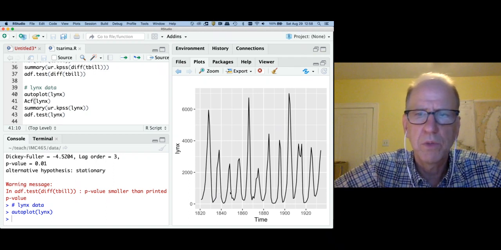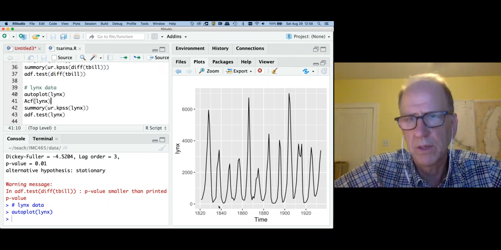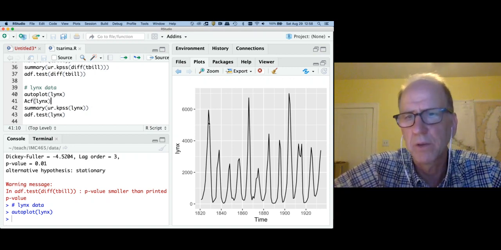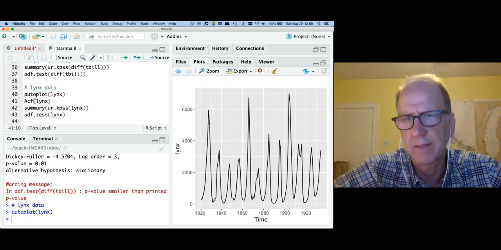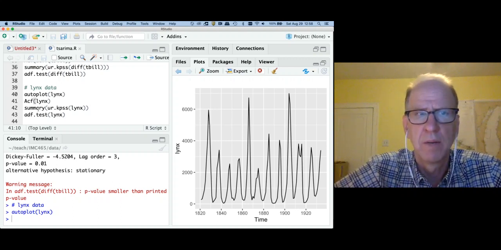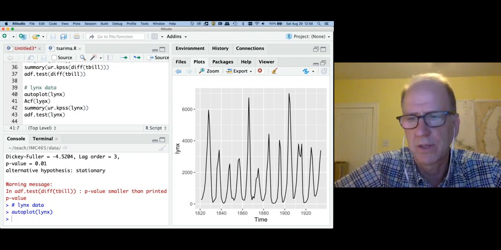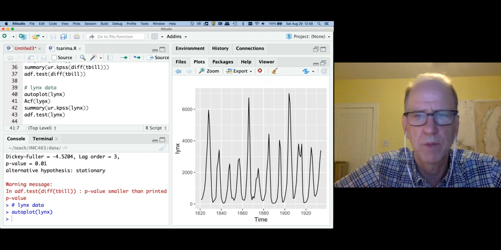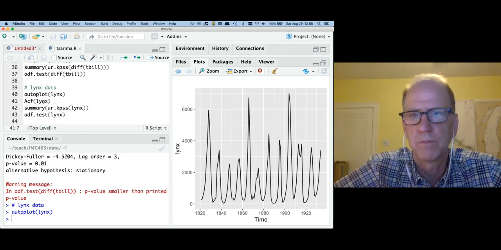And so you see a lot of very strong spikes, but what's important to note is they're not at any regular frequency. So it's not like this happens every 3 years. Sometimes it's longer, sometimes it's shorter, probably depending on other factors like how much rain and sunshine there was.